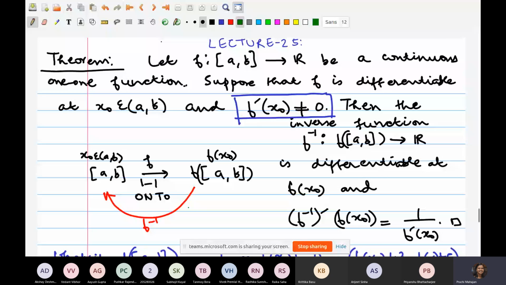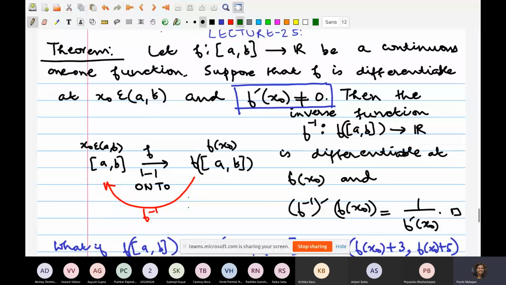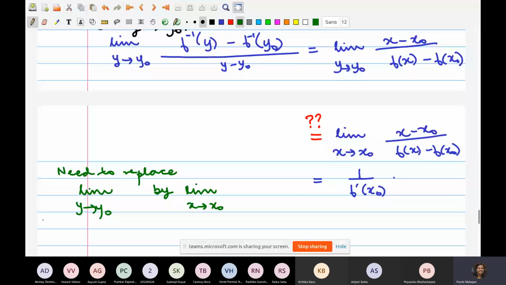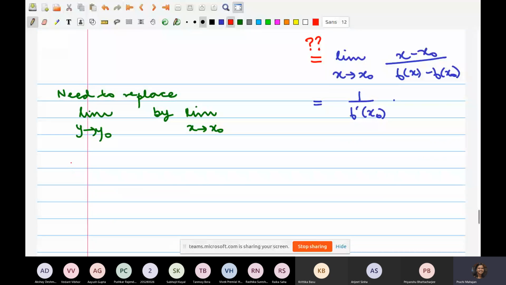Yes, ma'am. So we need the fact over here. We need the fact that the inverse function f inverse is continuous. So if f inverse is continuous, then we can, without any hesitation, replace this limit y going to y naught by the limit x goes to x naught. Correct? So I'll just write that down. This is what we need.